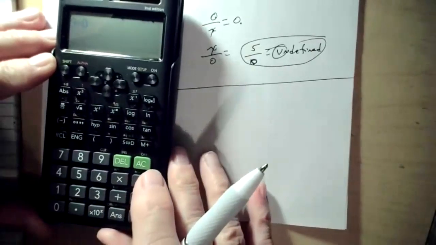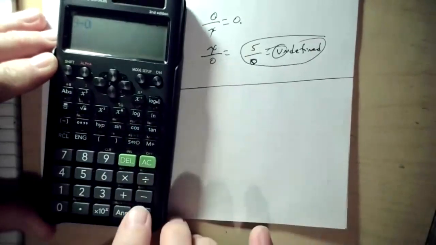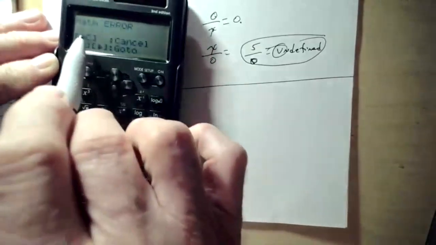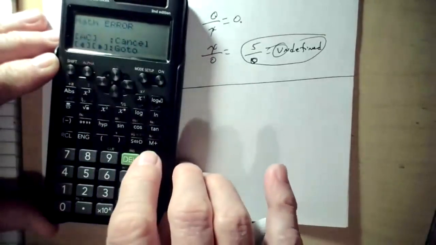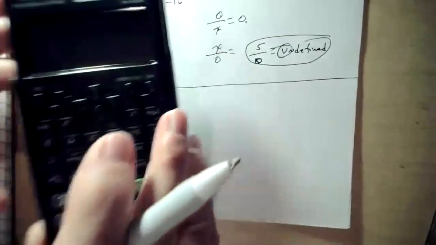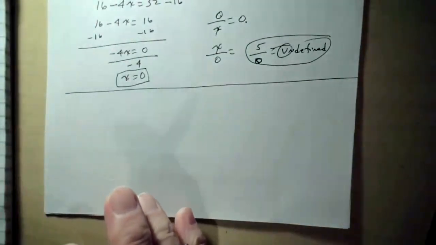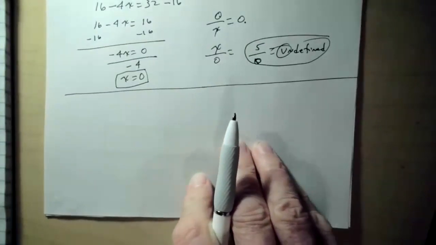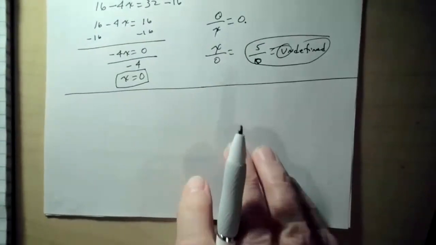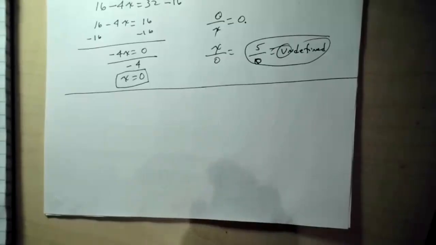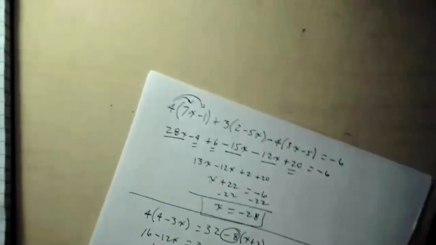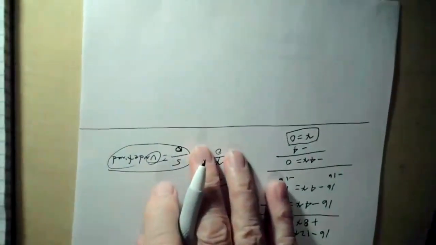Now, if you do it the other way, 9 divided by 0, it's going to give you a math error. Math error means you have to snap to the fact that that's undefined. Right. Okay.